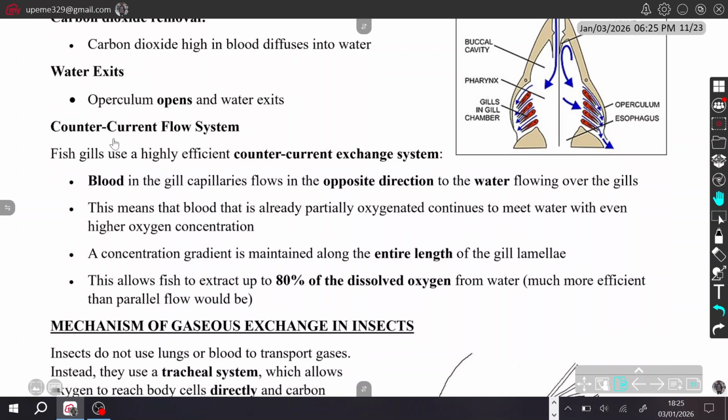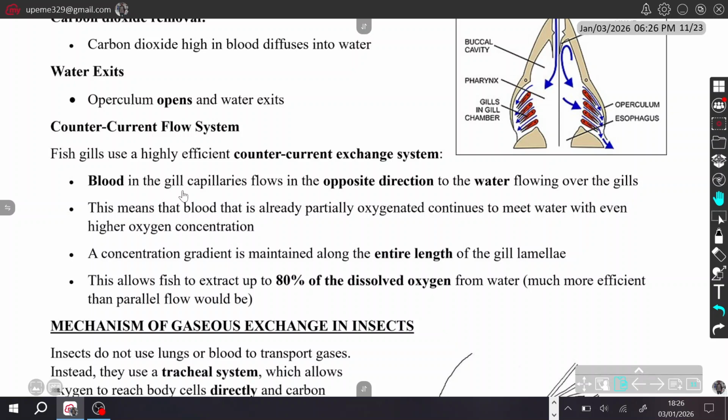Then let's now explain this process called counter current flow. We are saying fish. This process actually is not in your syllabus, so we may ignore it, but we can talk about it. We are saying fish gills use a highly efficient counter current exchange system.